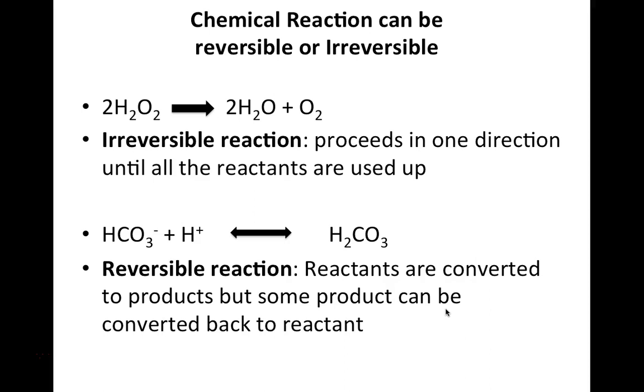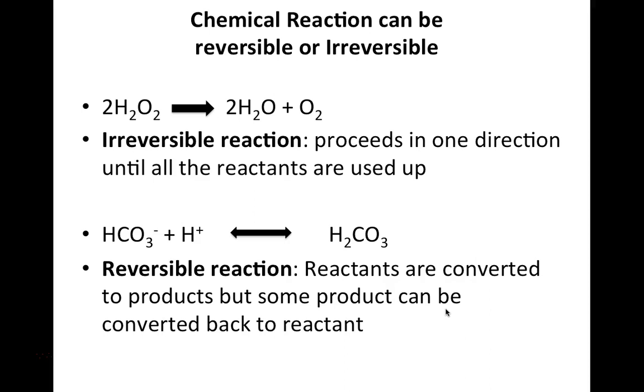Here we have on the left an example of bicarbonate, and hydrogen ions, and we'll talk about ions later, but we have bicarbonate on the left with hydrogen ions leading to production of carbonic acid.